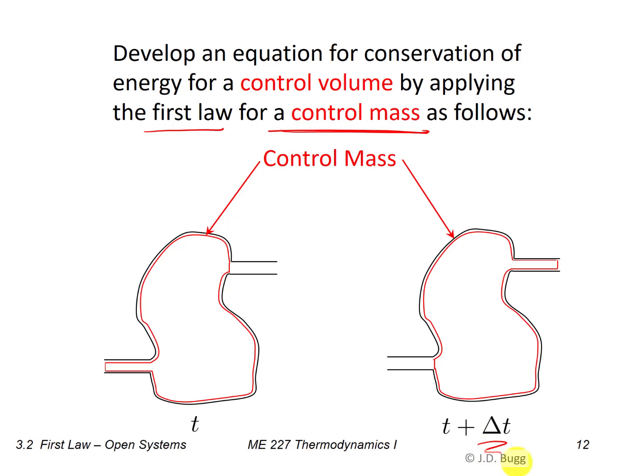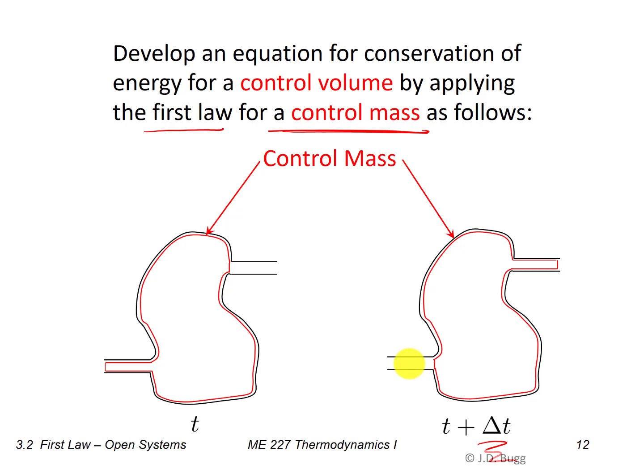After time delta t has passed, we see that our control mass boundary still includes all of the material inside of the control volume, but it now protrudes into the exit pipe and it no longer protrudes into the inlet pipe.